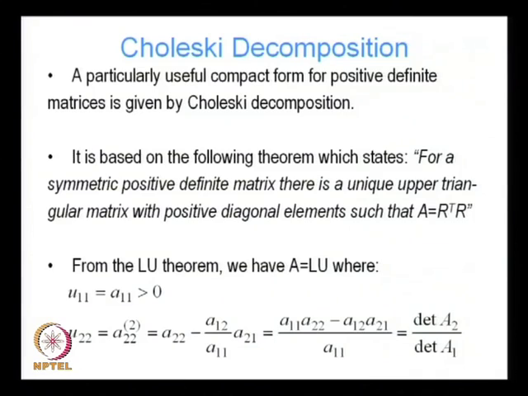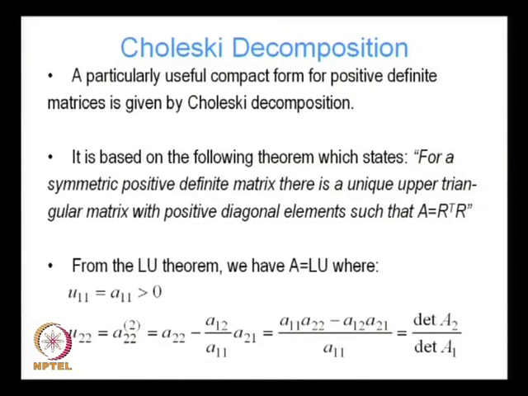And as we know, in civil engineering applications, we encounter a wide number of positive definite symmetric matrices in numerous applications. A particularly useful compact form for positive definite matrices is given by Cholesky decomposition.